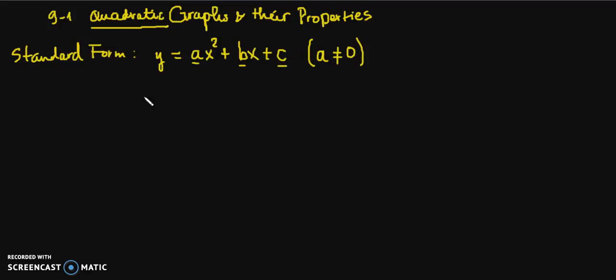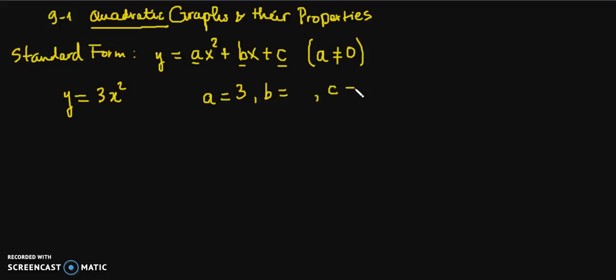Okay, so let's look at some examples. Example, we have y equal to 3x squared. In this case, a is 3, because 3 is in front of x squared. Now what about b and c?